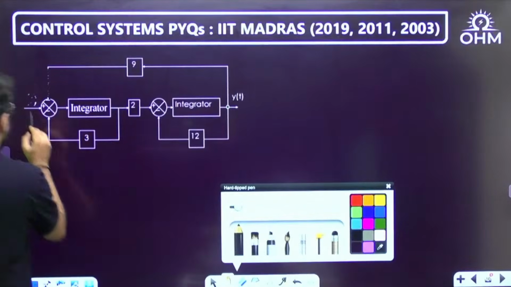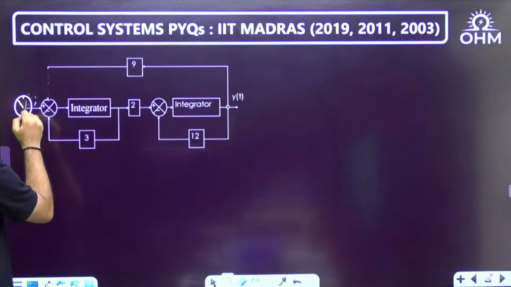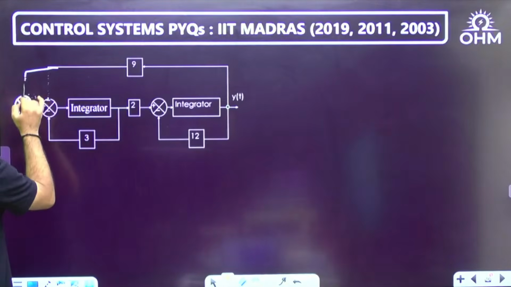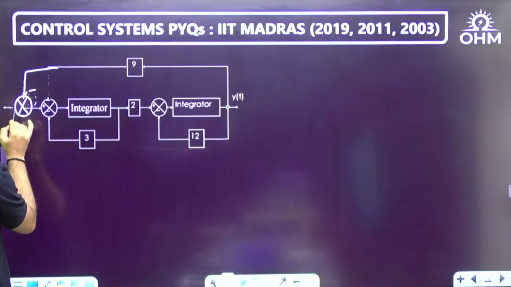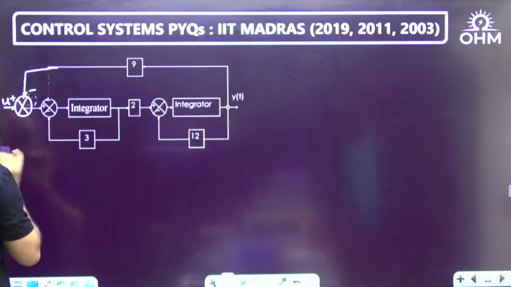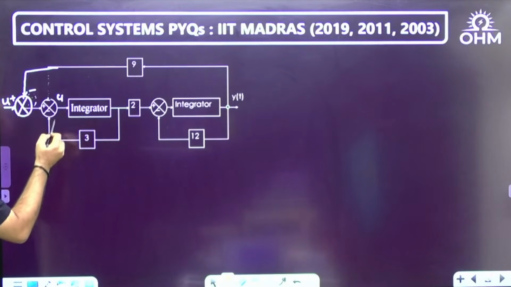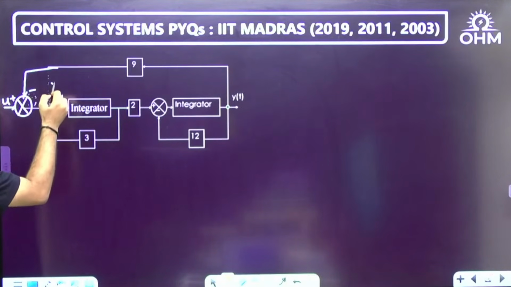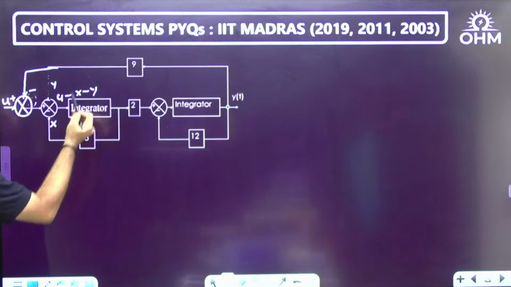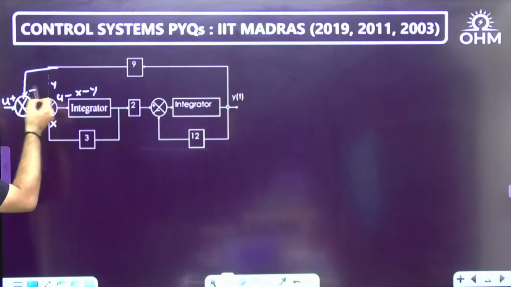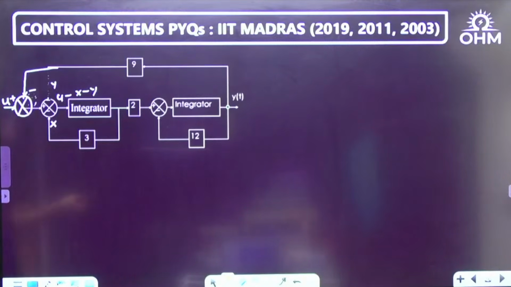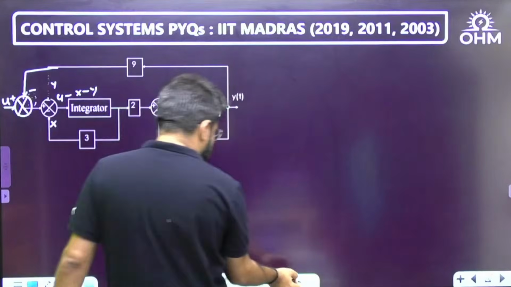Otherwise, you can do it directly as well. If I feed it here with minus, and take the input here with plus, suppose this was x and this was y. So u minus x minus y. Ultimately, the same: I have taken u minus y and then final x. It's not going to change the dynamics.